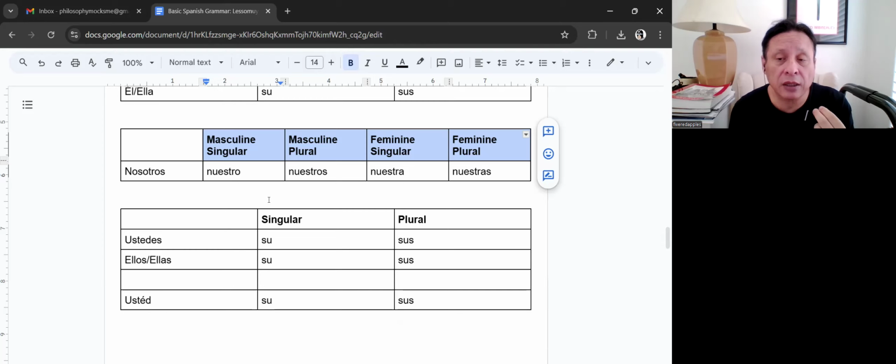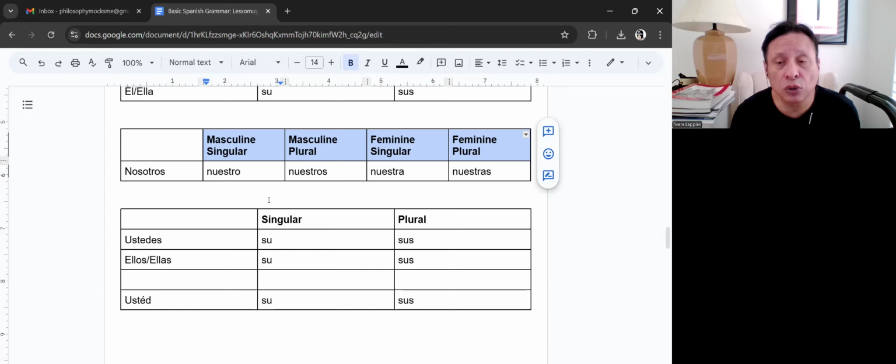Sus hermanas, and it could be masculine or feminine, doesn't matter. Su hermana, su hermano, sus hermanos, sus hermanas, for your plural. Their plural, su hermano, su hermana, sus hermanos, sus hermanas. Their brother, their sister, their brothers, their sisters.